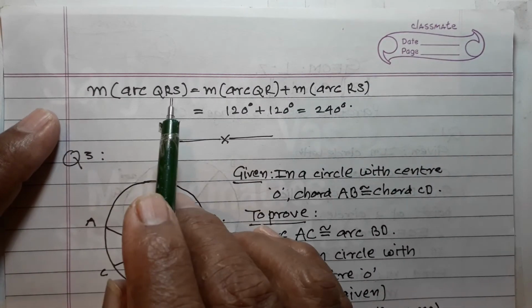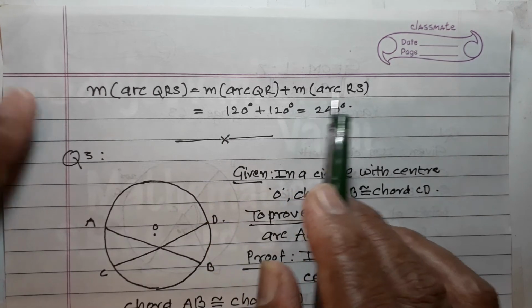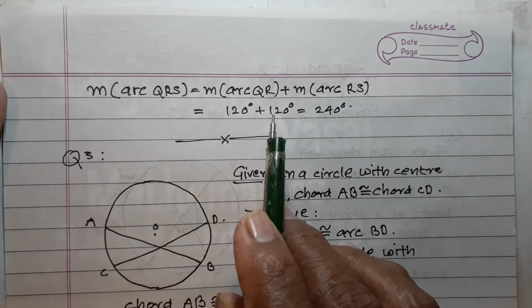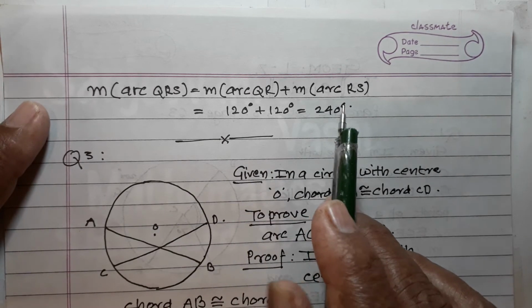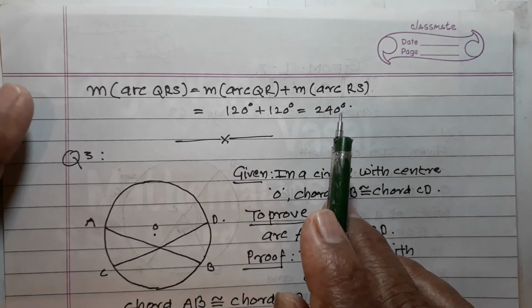Therefore measure of arc QRS is equal to measure QR plus measure RS, which is 120 plus 120, equal to 240.